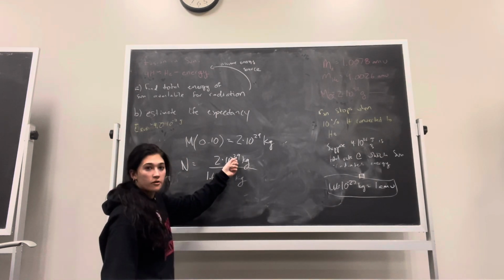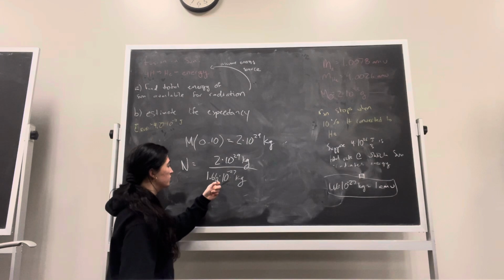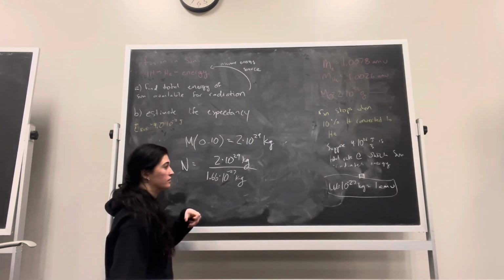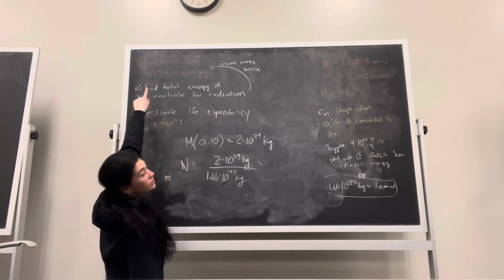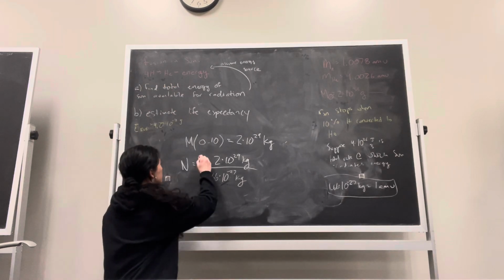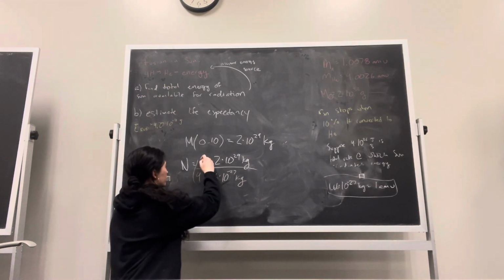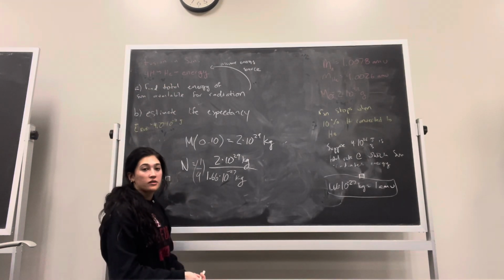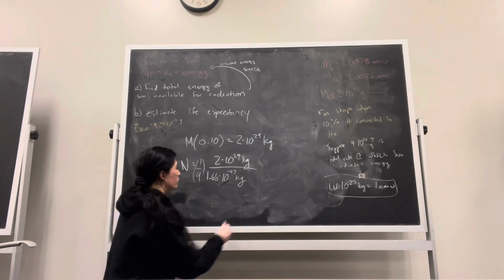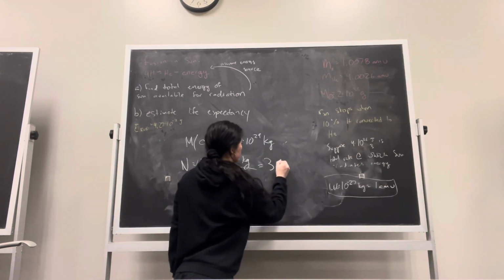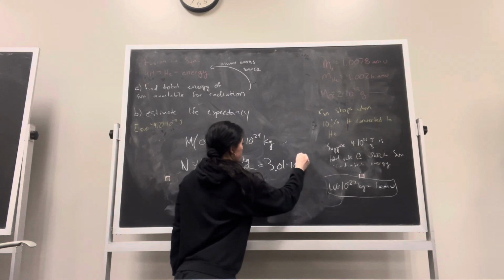So total kilograms divided by the weight of a proton is going to give us how many protons? Okay, but each reaction is going to take 4 of them. So we want to divide this by 4 if we want to figure out how many times this reaction takes place. Okay, cool. 3.01 times 10 to the 55.